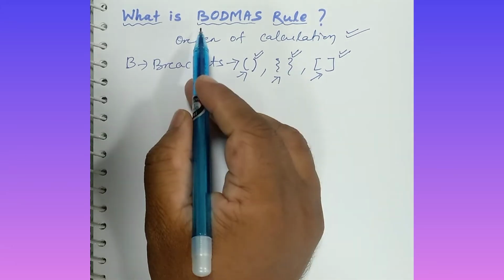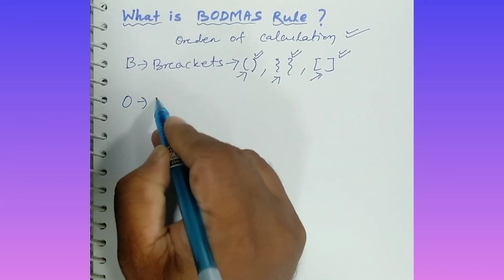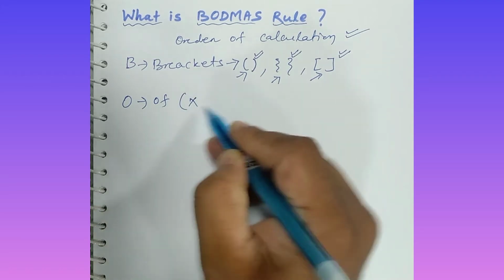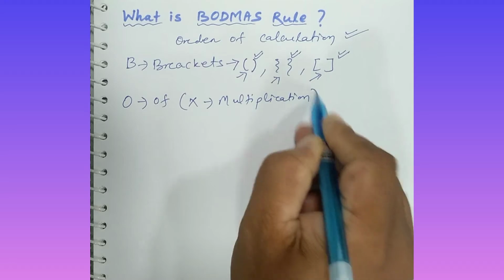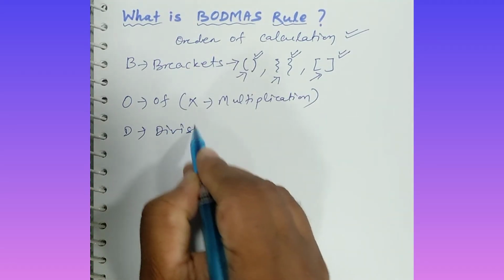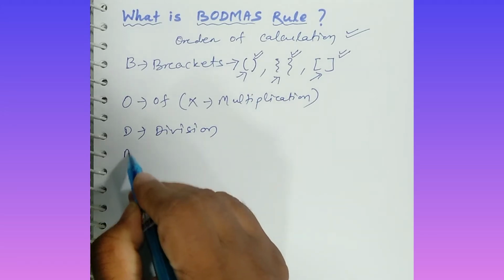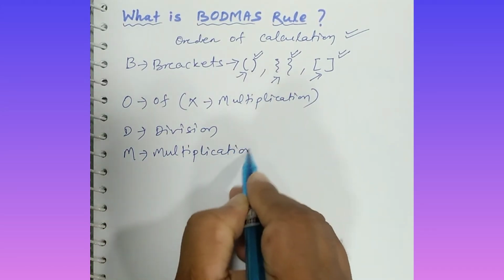So B stands for brackets. Then O stands for of, which means multiplication. Then D means division. Then M means multiplication.